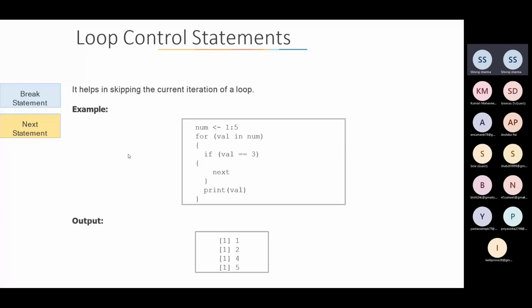So in this statement, it skips the value 3. If you want to continue by skipping the condition or the value mentioned in the condition, you have to use next. And if you want to stop the loop at the point where the condition is fulfilled, you will use break.